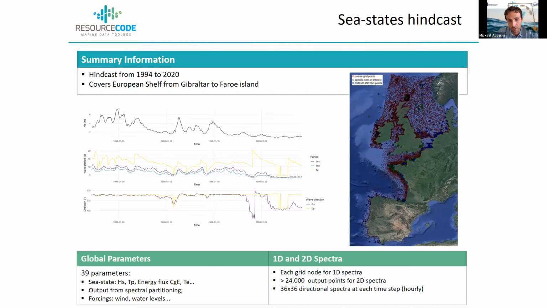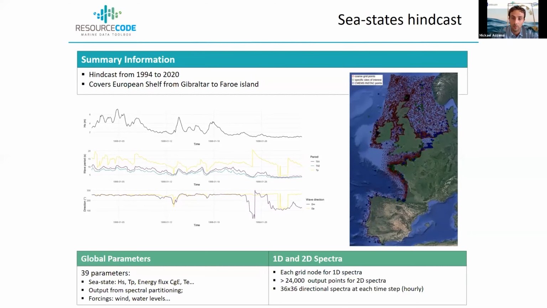We also output the frequency and the directional spectra. The frequency spectra, which is a 1D spectra, is outputted at each grid node at an hourly time step. And the 2D spectra, in frequency and direction, are outputted at more than 24,000 points, also at an hourly time step.